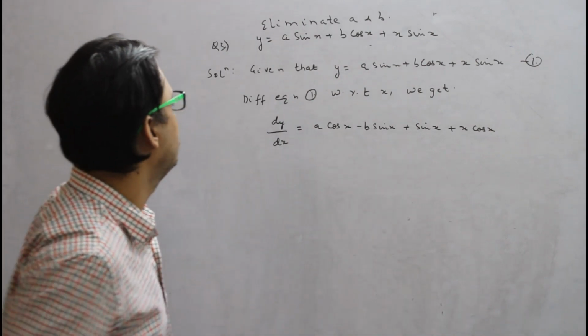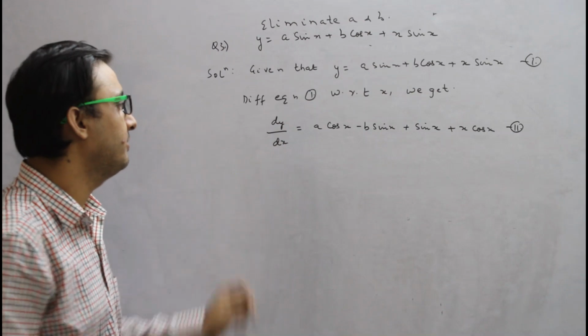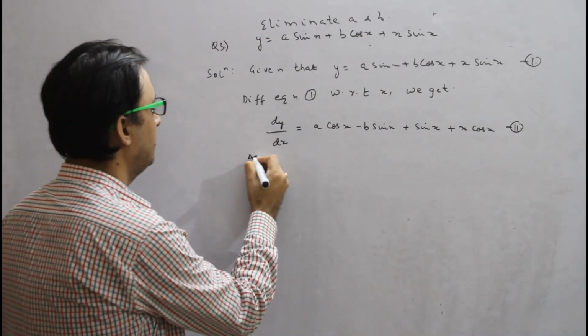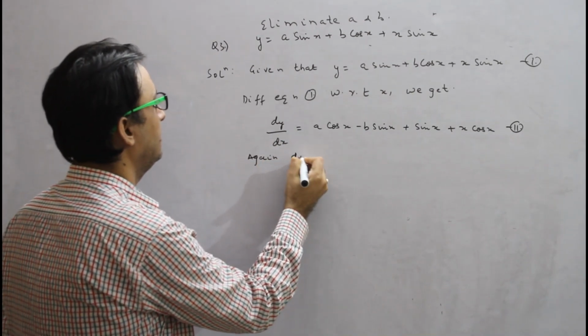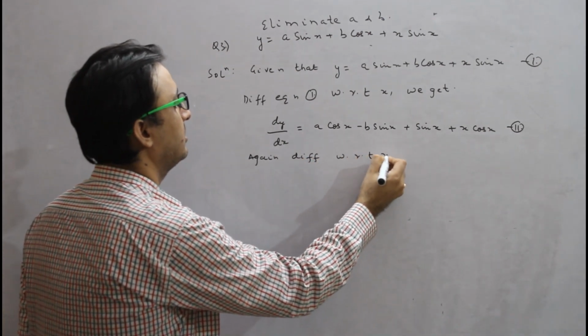Now this is our equation 2. We need to differentiate it one more time, so we will again differentiate with respect to x.